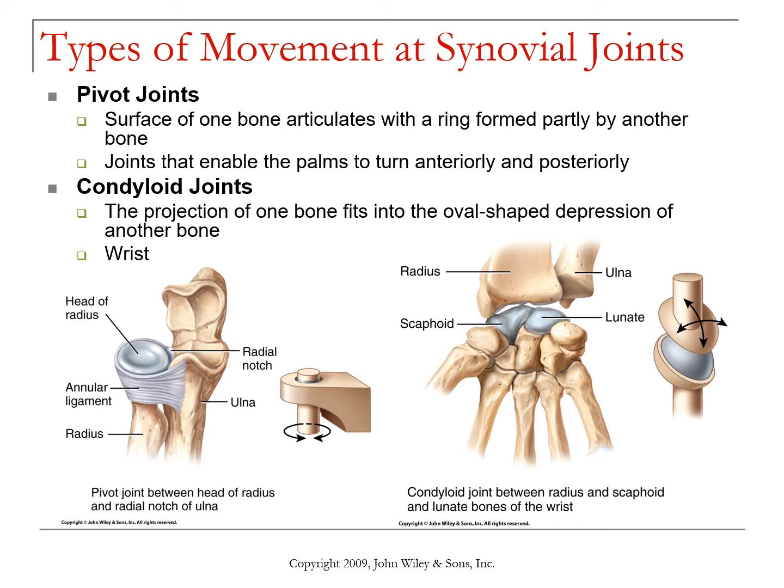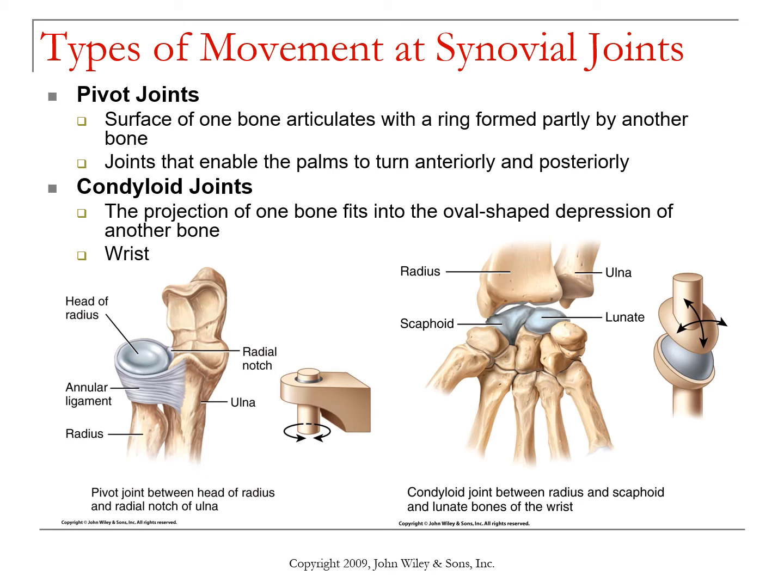You can see that the somewhat rounded surfaces of the scaphoid and lunate fit into the depression of the radius and allow for biaxial movement, both flexion and extension, as well as adduction and abduction. It also allows for a little bit of circumduction as the bones move through the various angles.